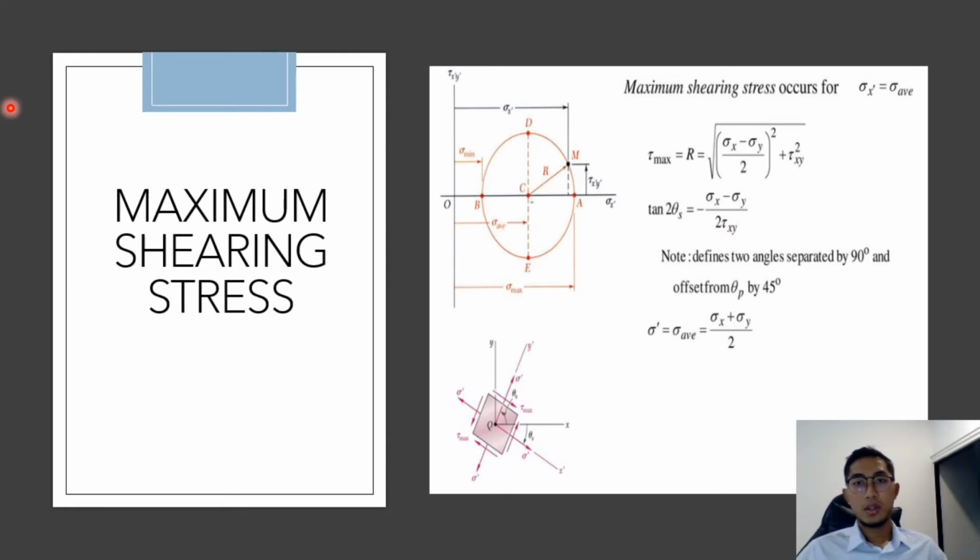We can use tan 2 theta as equal to negative (sigma x minus sigma y) over 2 tau xy. Note, this defines two angles separated by 90 degrees and offset from theta P by 45 degrees.